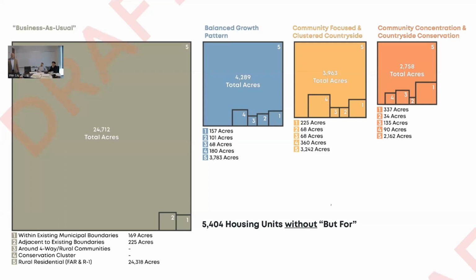So that footprint is much larger than the one which is occurring within your municipal boundaries. 157 in that second scenario, the balanced growth pattern, changes to 225 acres as you incorporate more development in those communities. And then on the far right, it becomes the second largest at 337 acres compared to the largest there in the countryside at 2000.